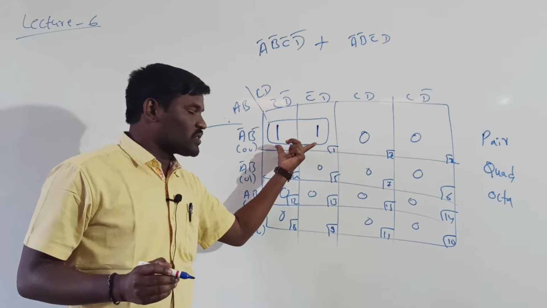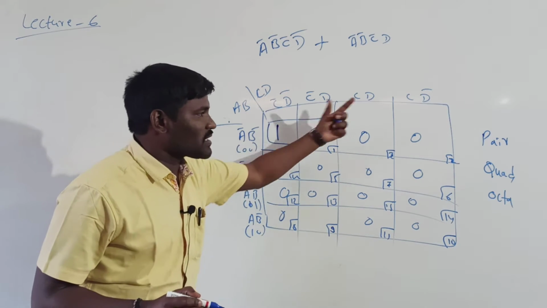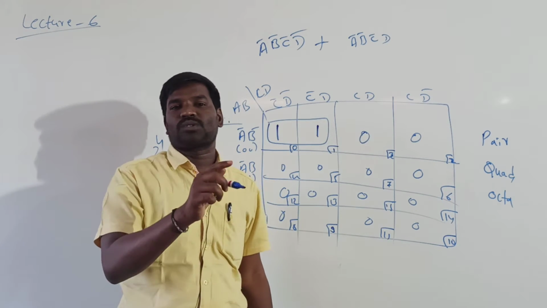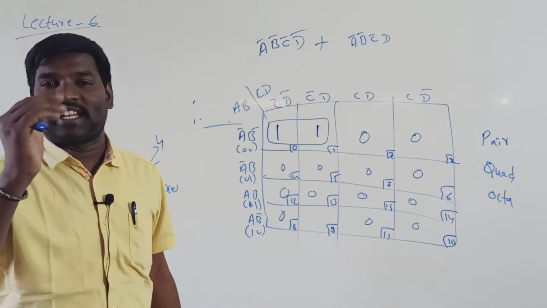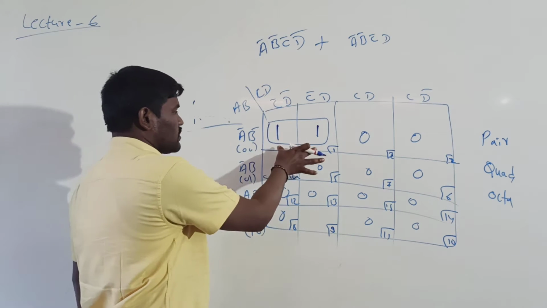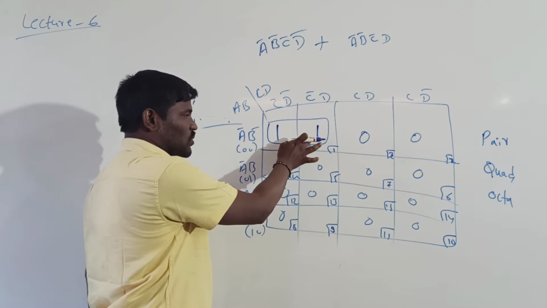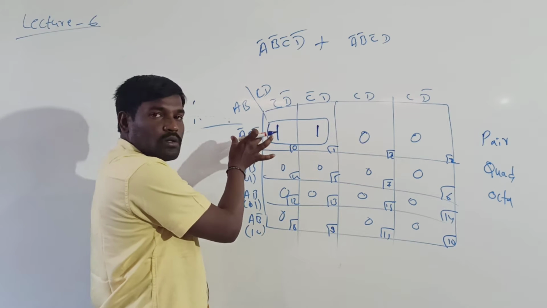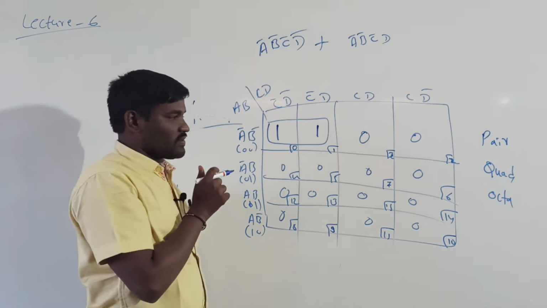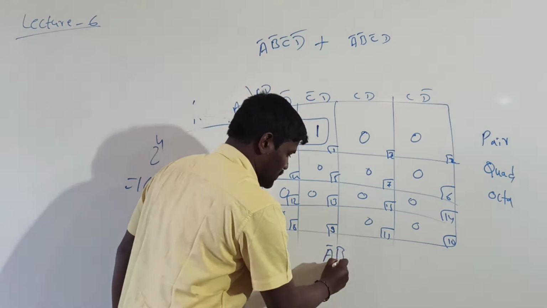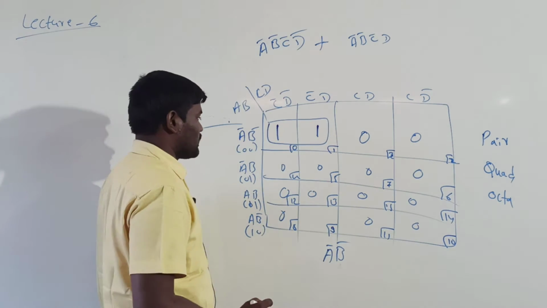Two adjacent ones is nothing but a pair, and it gives the result as three variables. See here, here one is there, here also one is there. The row name is A bar, B bar, A bar, B bar. First I can write A bar, B bar.